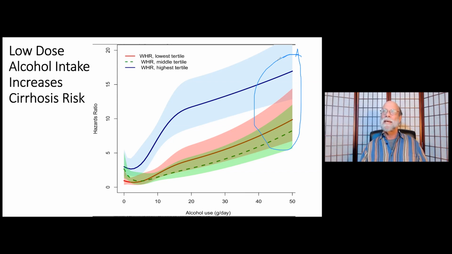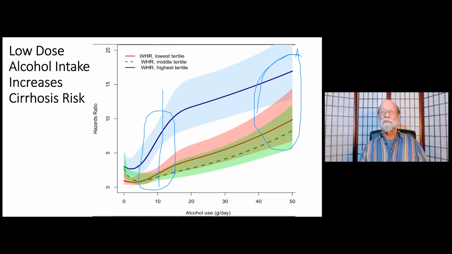So we have this big increase up here, but what's notable is that some of the greatest increases in risk actually occur in this range here. And right here this is 10 grams of alcohol per day. That is about 2/3 of a standard drink, or half an ounce of pure alcohol.